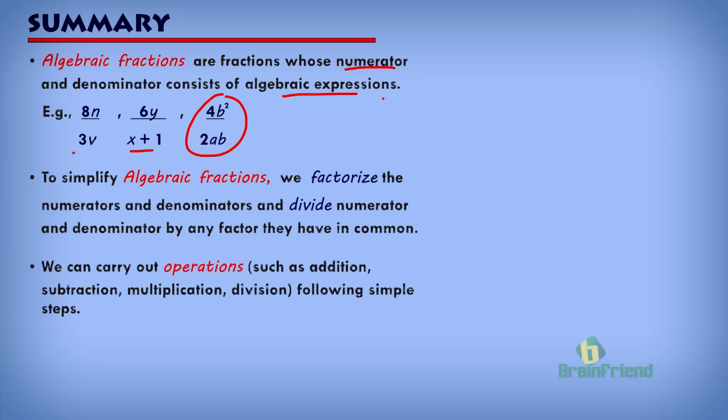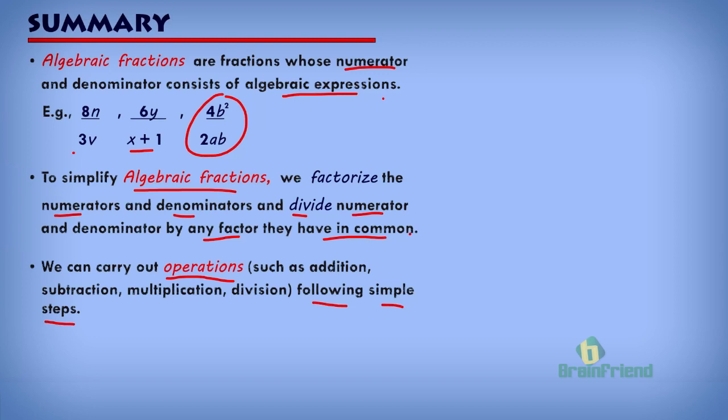To simplify algebraic fractions, we factorize the numerators and denominators, and then we divide both by any factor that they may have in common. We also learned how to carry out operations such as addition, subtraction, multiplication, and division, following simple steps that were outlined in the course of our class.